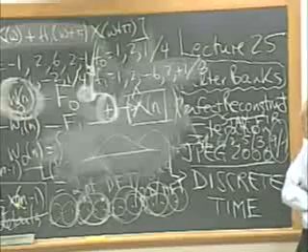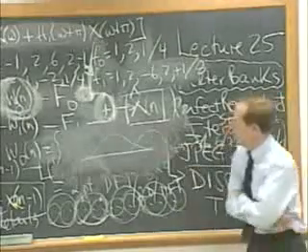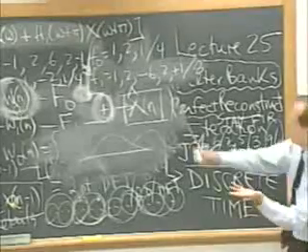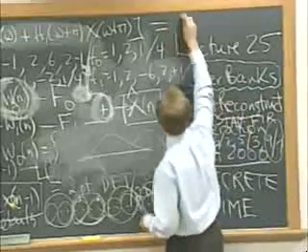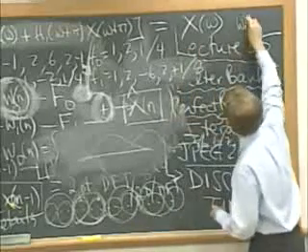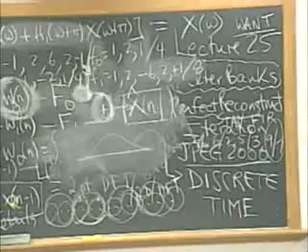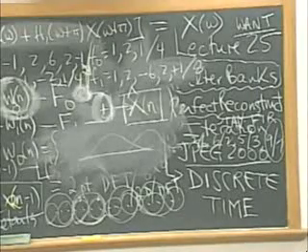Capital X hat. So what does it take for the output to agree with the input? I want this whole thing to agree with X of omega. So what are the conditions?